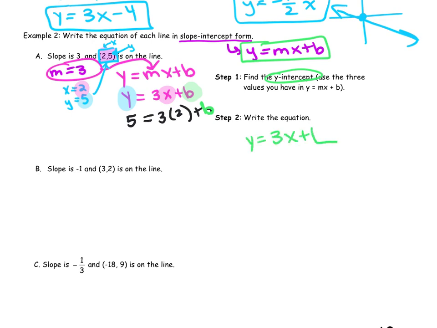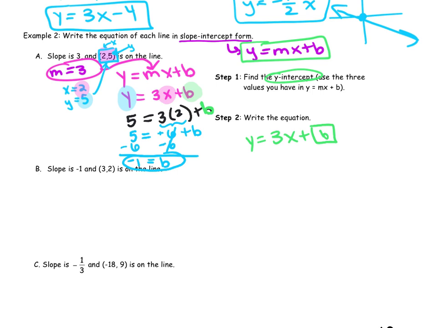We're trying to find what b is. Okay, well, this is now just regular algebra. We have 3 times 2 is 6, and we're trying to get b by itself. So we're going to subtract the 6 on both sides, because remember, there's a positive 6 here. And I have b equals -1.